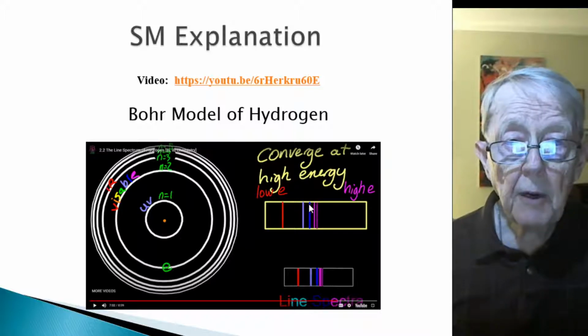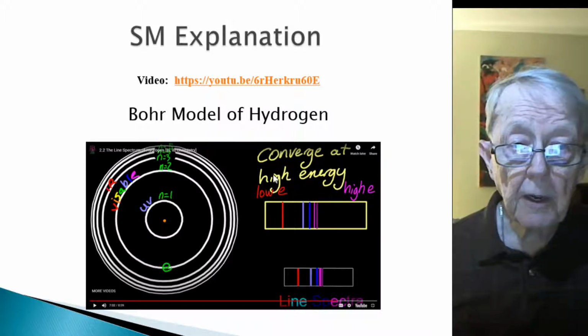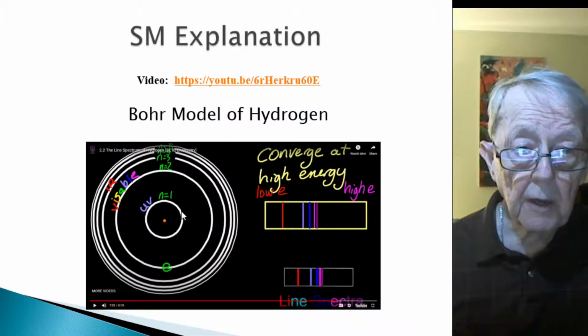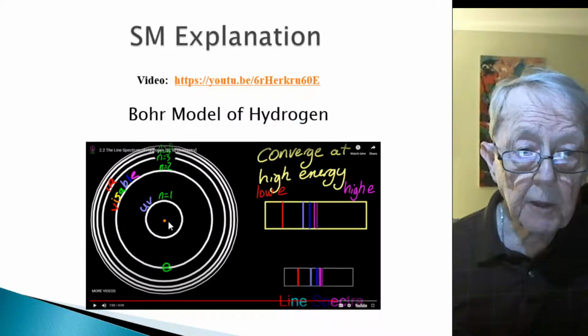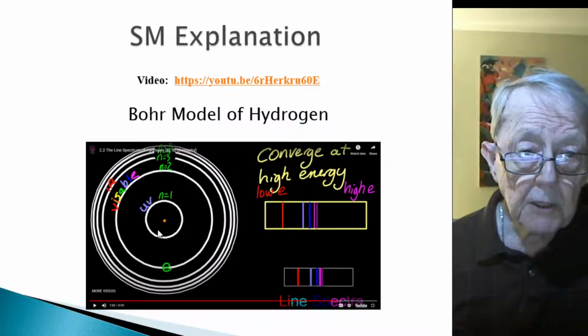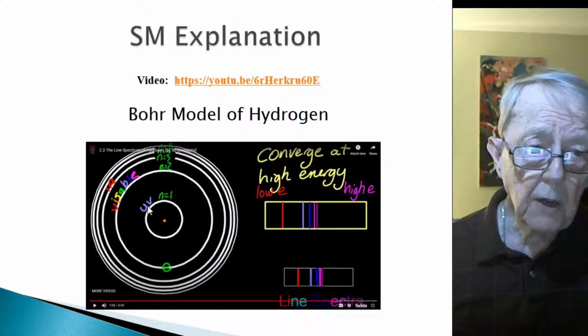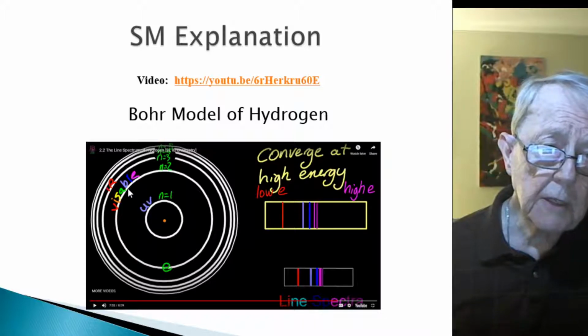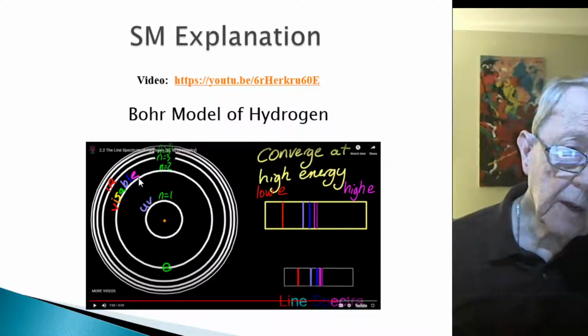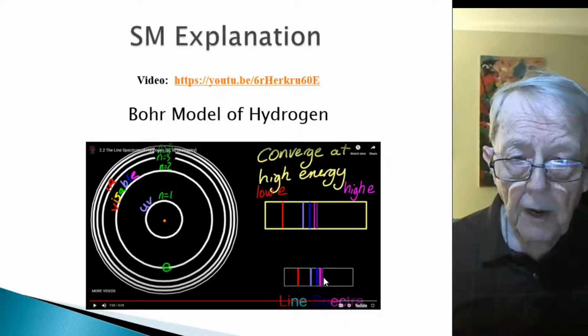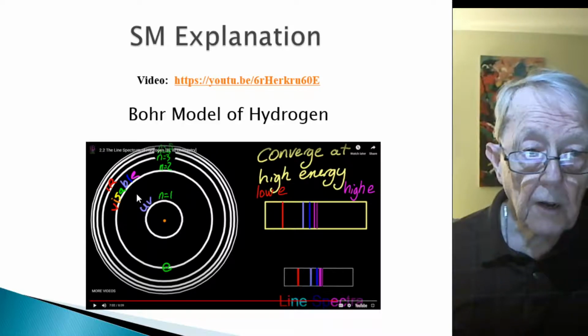Well, the standard model explanation then draws a Bohr model of the hydrogen atom, and here's the nucleus. This is level 1. It's labeled as ultraviolet, and you've got ultraviolet and the rest of the colors.